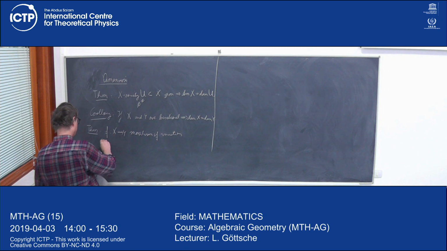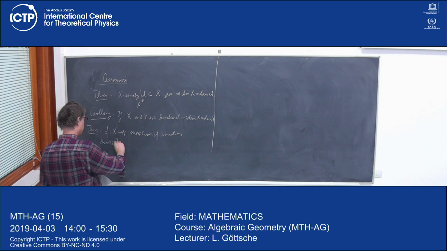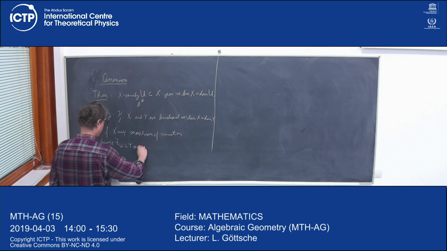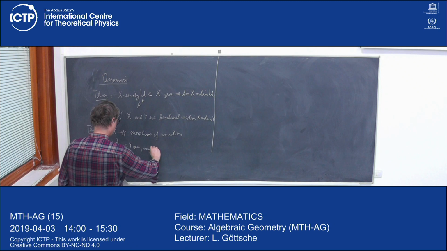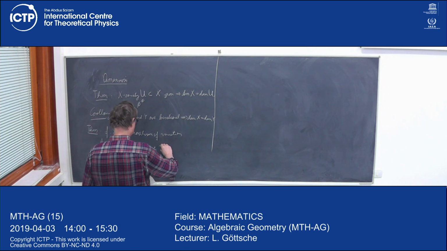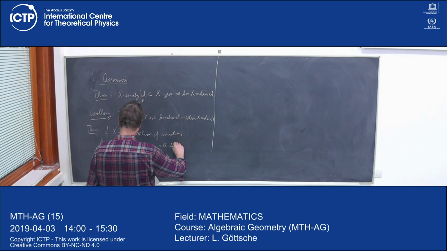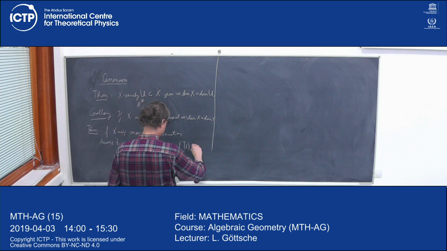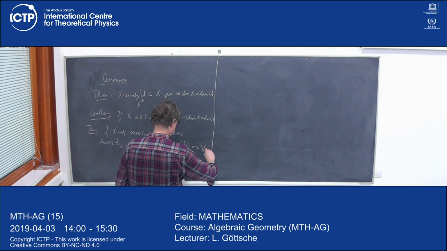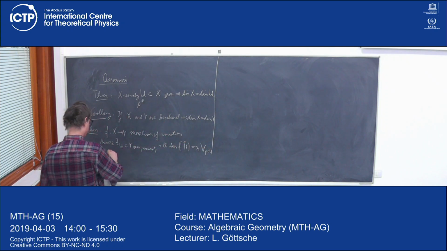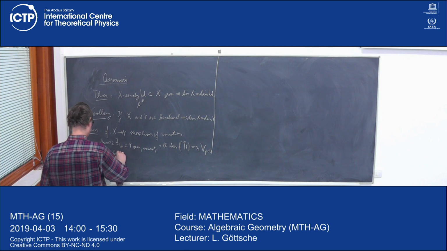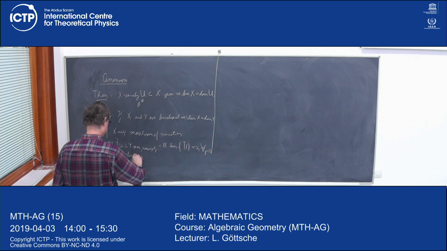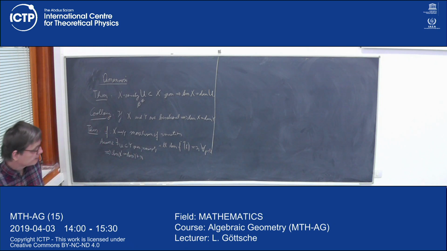So assume this is U subset Y open non-empty such that dimension of f to the minus 1 p is equal to n for all p in U, then it follows the dimension of X is the dimension of Y plus n.